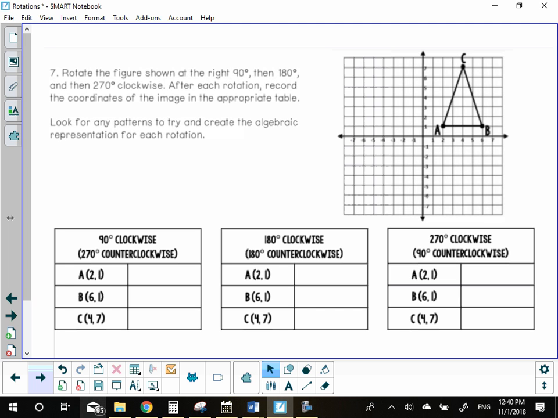With your patty paper over the graph, trace over your triangle. Draw the graph on your patty paper, trace it exactly where it is.